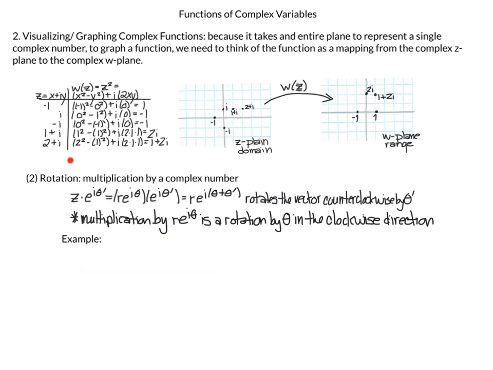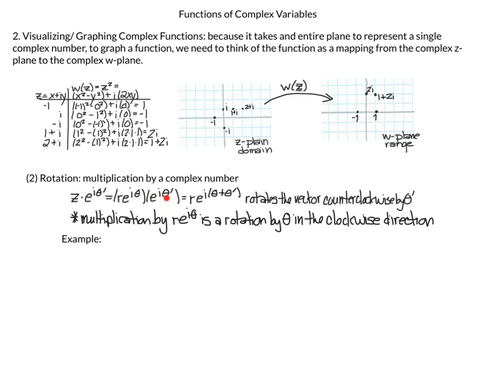Our next type of transformation is rotation, which is achieved by multiplication by a complex number. So if we have a complex number z, which is equal to r e to the i theta, and then we multiply it by another complex number, which is e to the i theta prime. At this point, I haven't put another radius in here because I want to focus on the rotation. So let's let r equal 1. So we have e to the i theta prime.